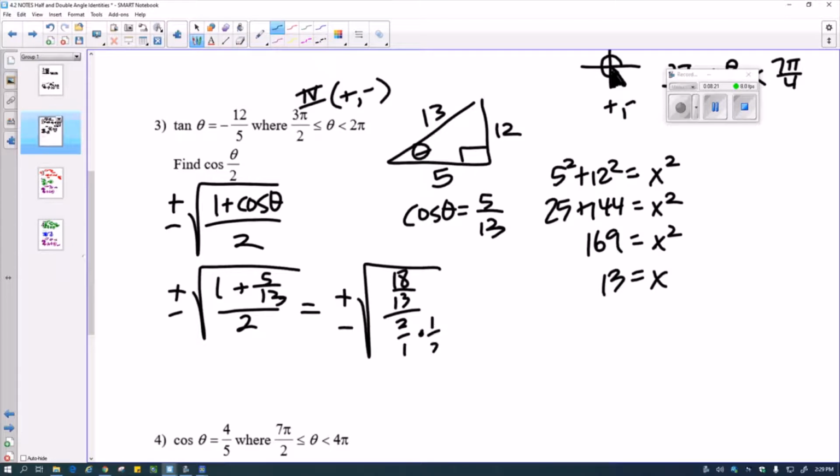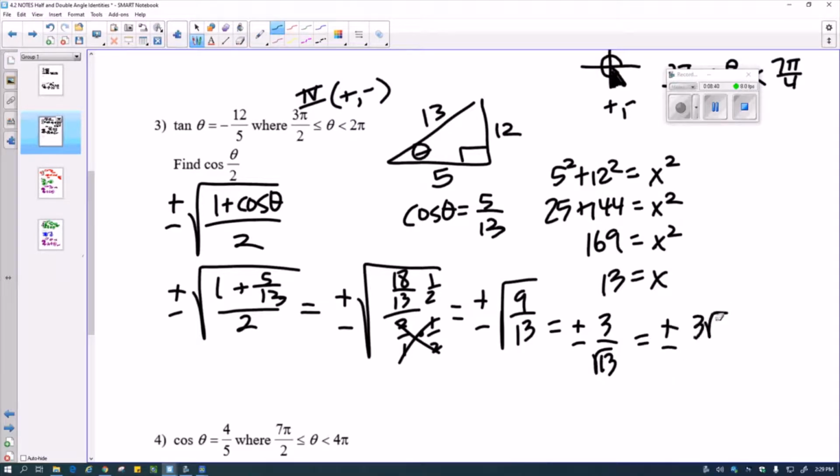I'll simplify. That gives me plus or minus 9/13. Square root of 9/13. Square root of 9 is 3. And then I have to rationalize the denominator. 3 times the square root of 13 over 13.